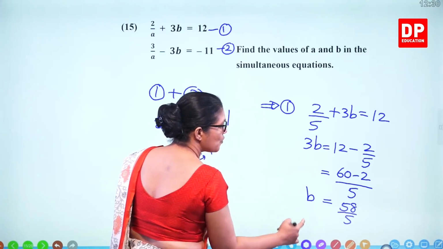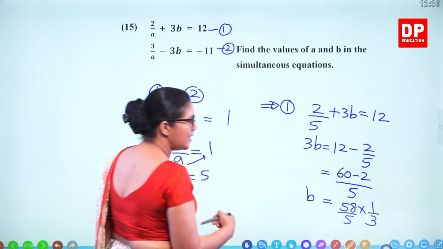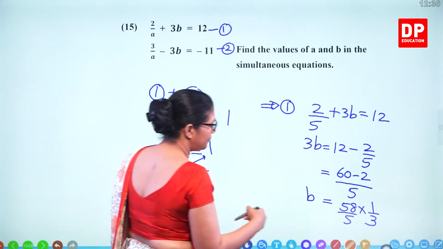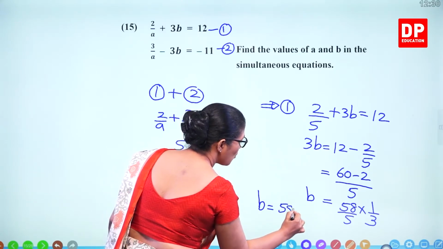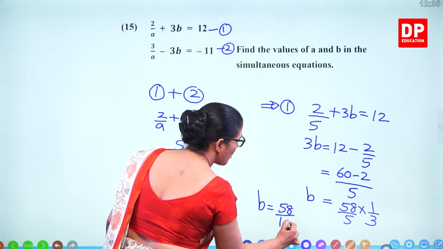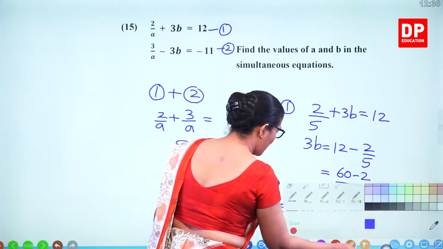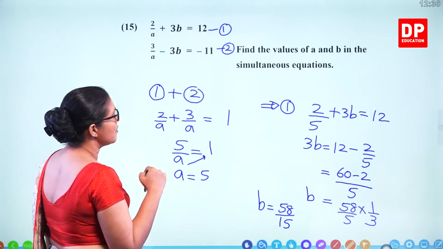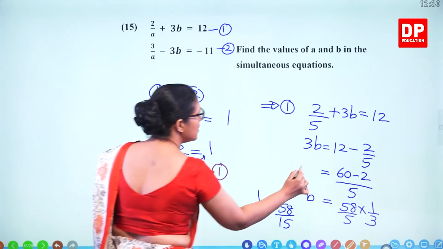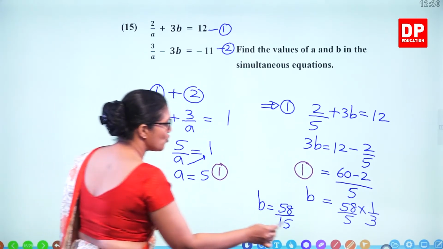And B becomes, you have to divide by 3, so 1/3 here. So you get B equals a fraction, 58 over 15. You can't simplify further. So A equals 5, B equals 58 over 15. So 1 mark here and 1 mark for this. So 2 marks.